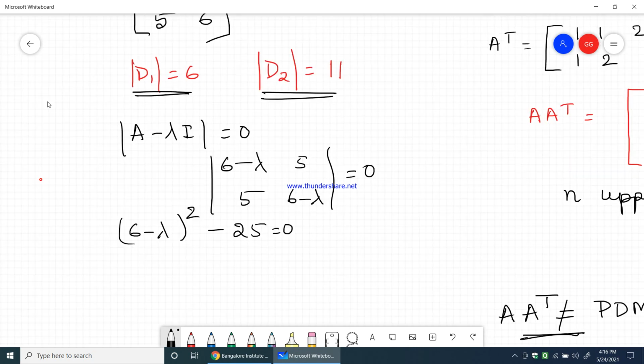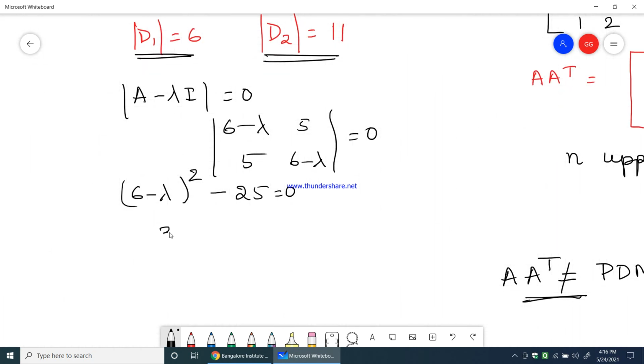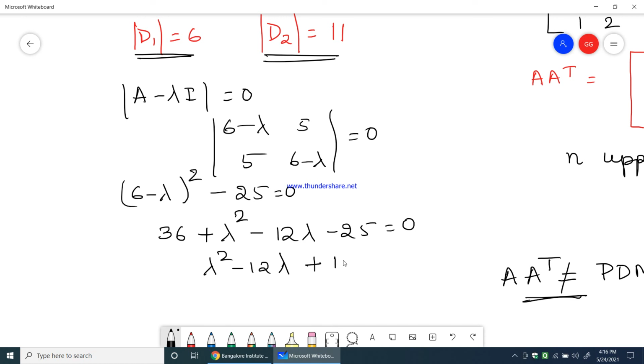So 6 minus lambda square is 36 plus lambda square minus 12 lambda minus 25 equals 0. Therefore, lambda square minus 12 lambda plus 36 minus 25, which is 11, equals 0. Therefore, I can easily say this as lambda square minus 11 lambda minus 1 lambda plus 11. So, these are the factors.